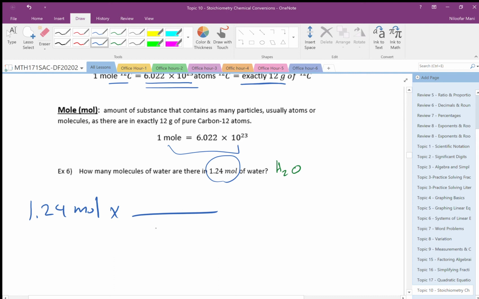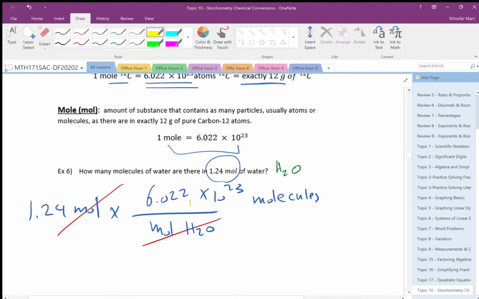So I have to remember that 1 mole of water has 6.022 multiplied by 10 power 23 molecules. Now I can cancel mole with mole, and this is what is left.